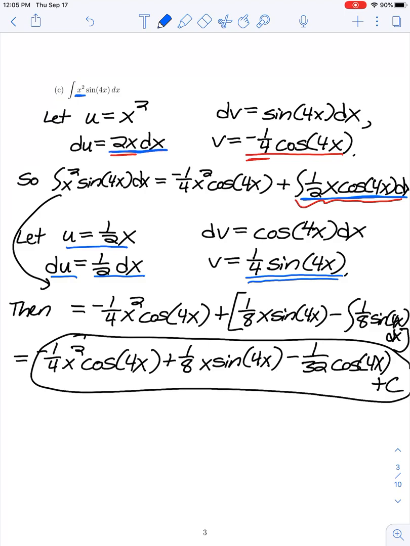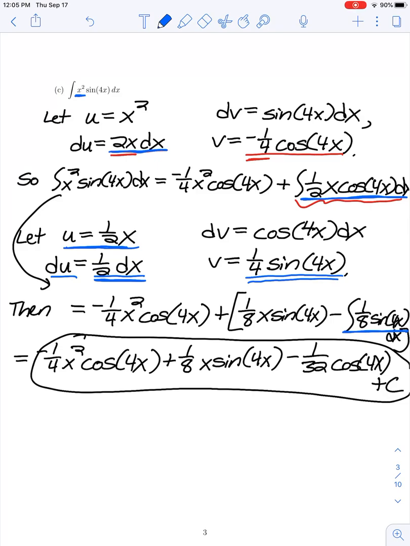It got a little bit easier. And when we applied integration by parts a second time, when I differentiated that 1/2 x factor, I got down to a constant term. And using integration by parts a second time, the integral that I'm left with is then just a constant times a trig function. We can evaluate that directly.